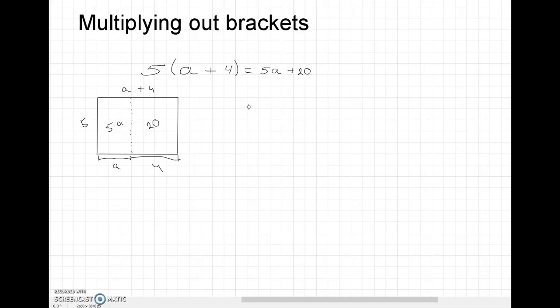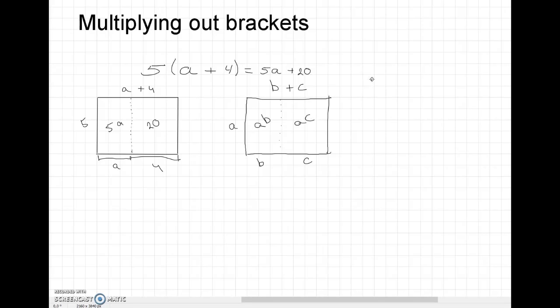Generally, this gives us the following rule. If we have a rectangle with sides a and b plus c, then we can divide the rectangle in two pieces. One that is a times b in area and one that is a times c in area.